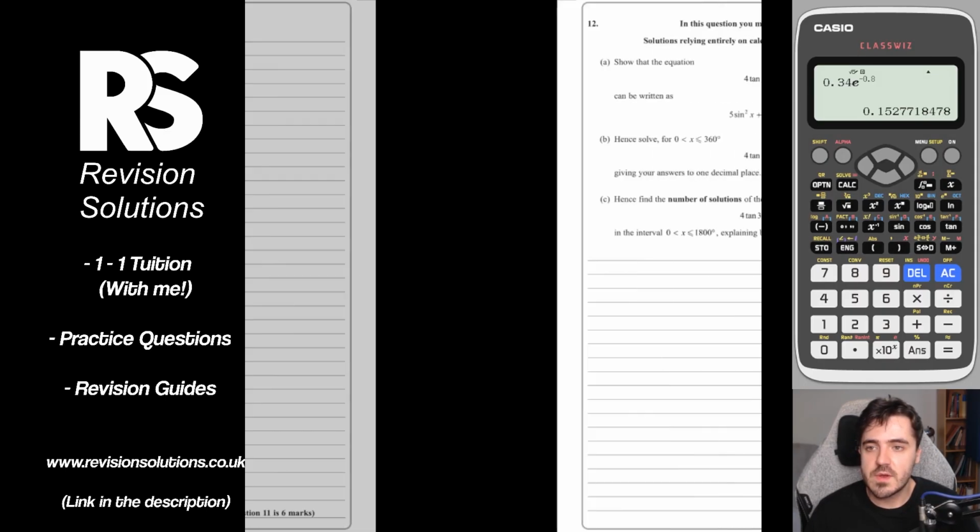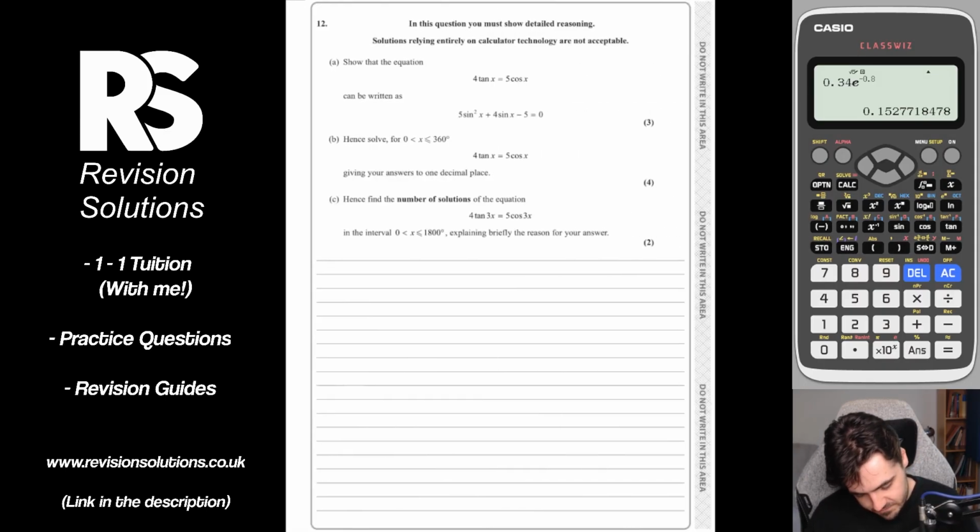Moving on now to question 12, it says, show that the equation 4 tan x equals 5 cos x can be written in the form 5 sine squared x plus 4 sine x minus 5 equals 0. So to do that, we're going to use the identity where tan x equals sine x over cos x.